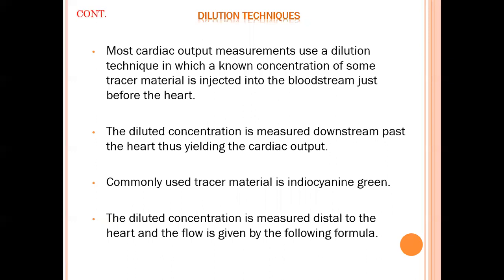The diluted concentration is measured downstream past the heart, thus yielding the cardiac output. A commonly used tracer material is indocyanine green. The diluted concentration is measured distal to the heart, and the flow is given by the following formula, as we have seen before.